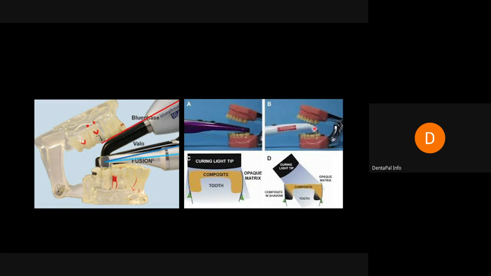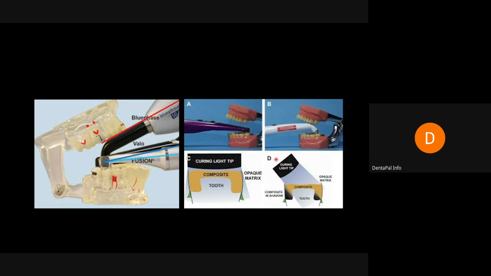If you use this angulated one to cure the lower posterior teeth and to put it perpendicular on the surface to increase the conversion rate, the tip or the part of the light cure will contact the upper teeth, and you may not be able to put it perpendicular, and it will result in this situation.